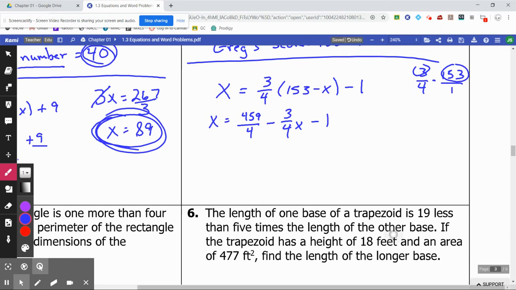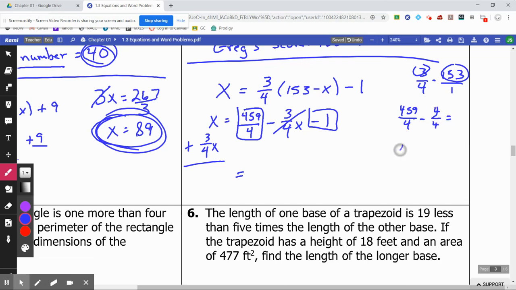Let's move our 3/4 x over here by adding 3/4 x. Well, I actually should have combined my like terms there first. 459 fourths minus 1. Let's go ahead and subtract that. You need a common denominator, so multiply bottom and top by 4.